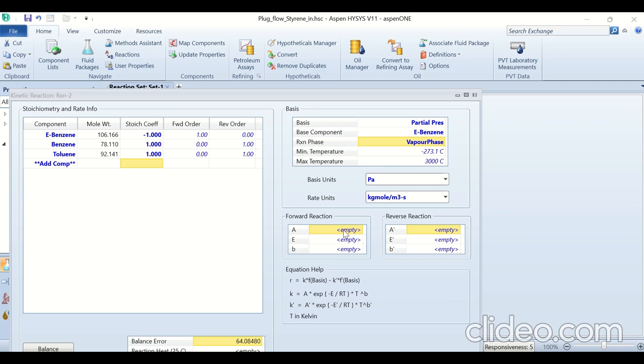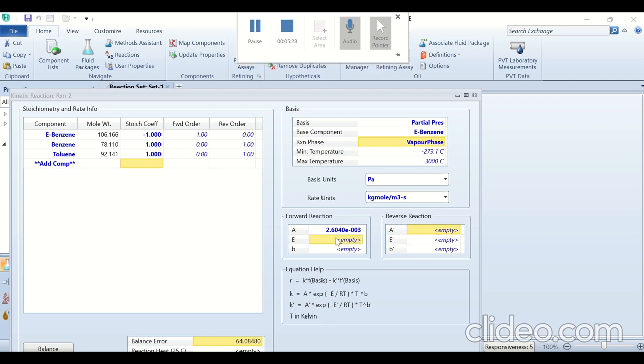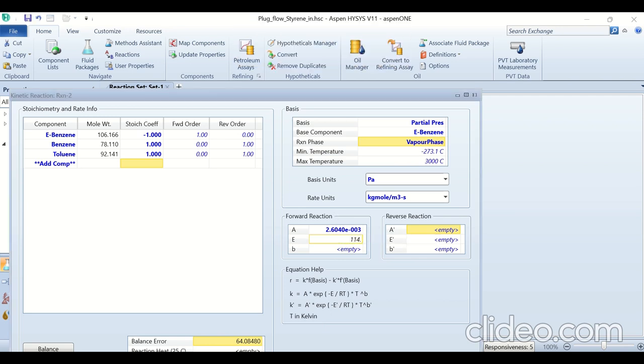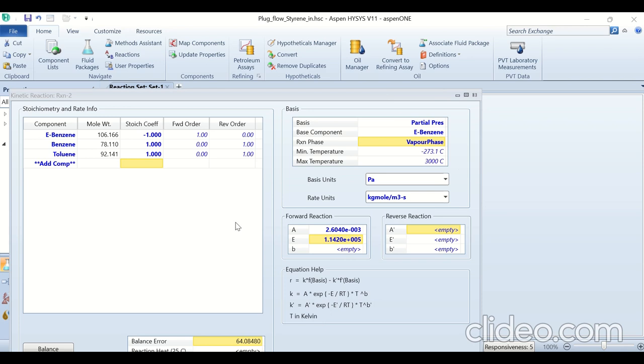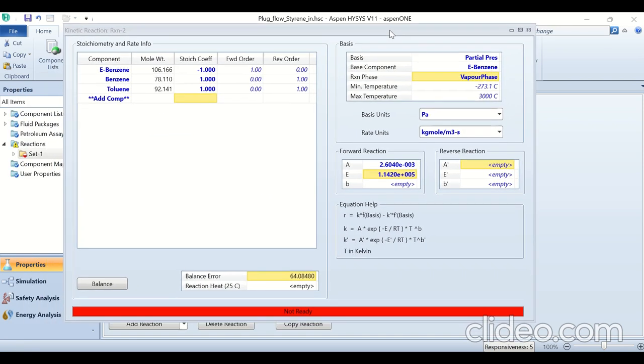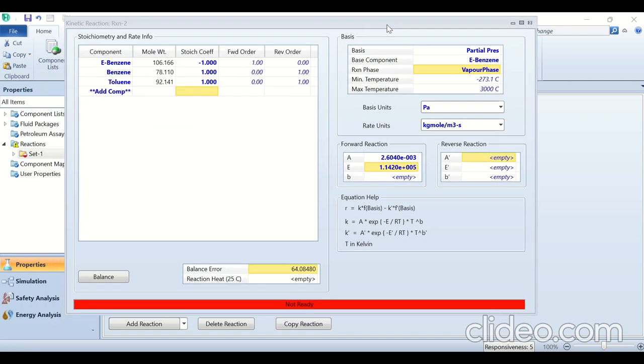Here A is given as 2.604 exponential minus 3, and this is 114.2, sorry, 114.2 kilojoule per mole.